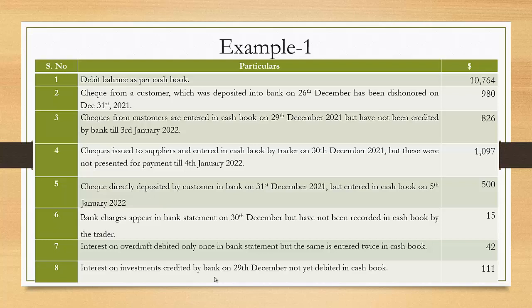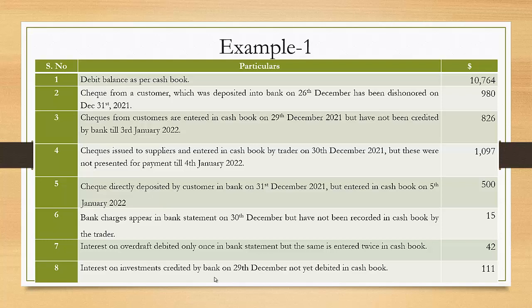But what if the recipient of those checks does not present them at the bank counter? The money in the bank account will be there only. It will not be deducted. So if you come across these types of situations where the checks that you have already issued are not presented for payment, you need to add these checks back to your debit balance as per cash book.